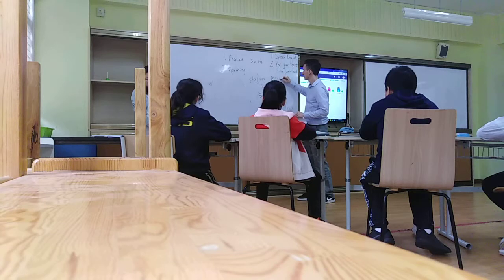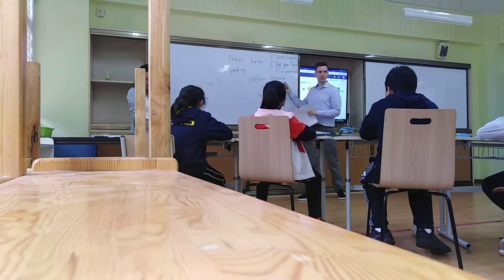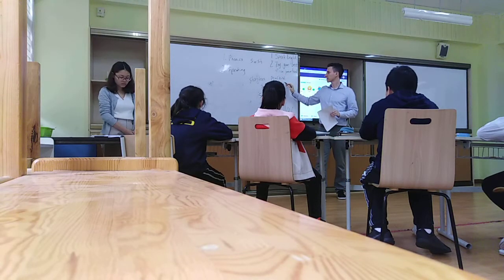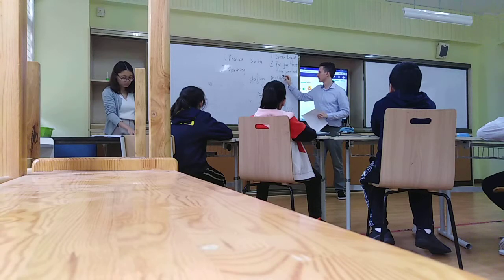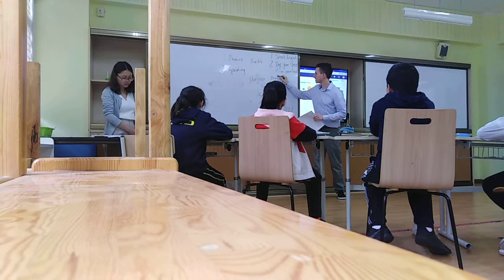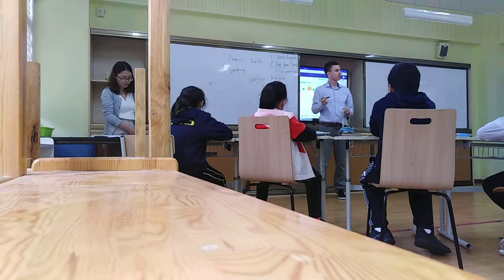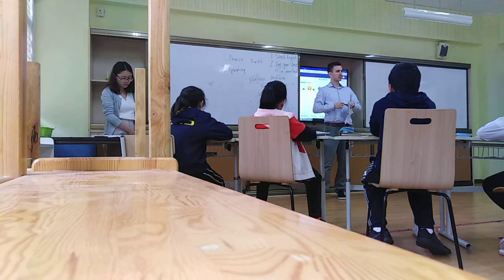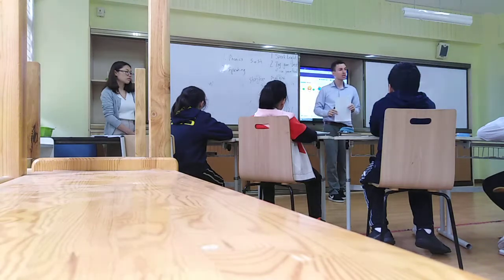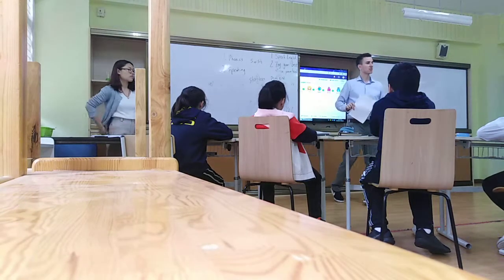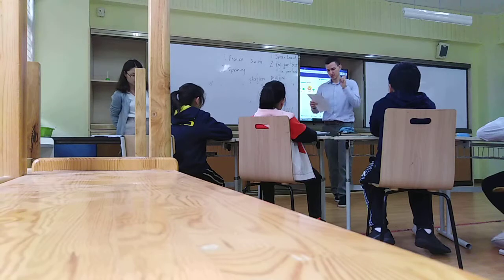Machine has a sh sound. It's over here, right? This is CH. Usually CH sounds like a ch, right? But sometimes it can sound like sh. There are many sounds for CH, so this is very important.